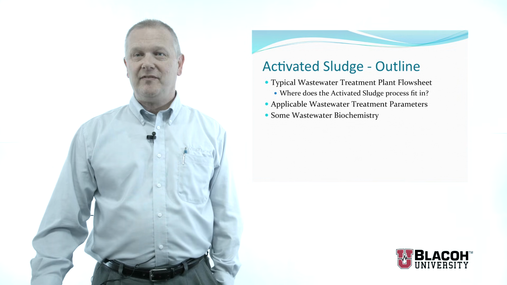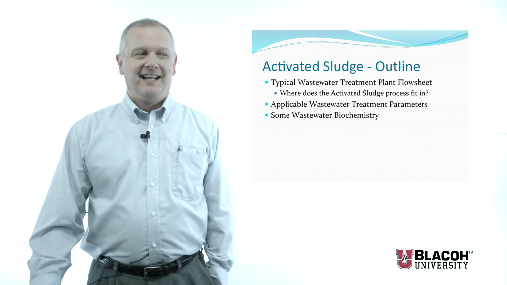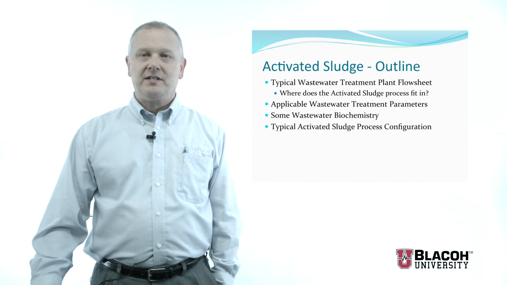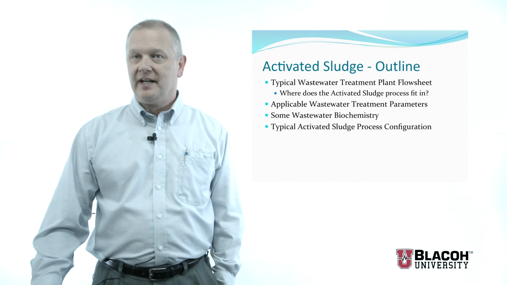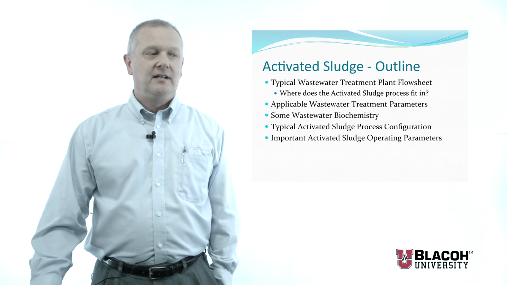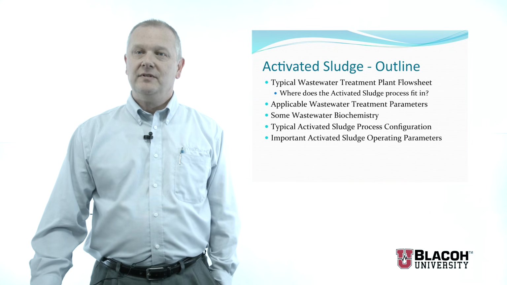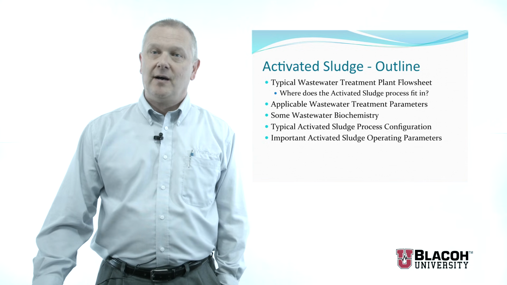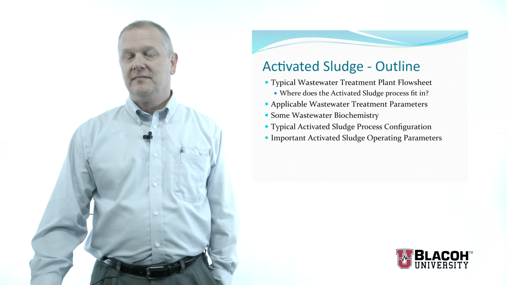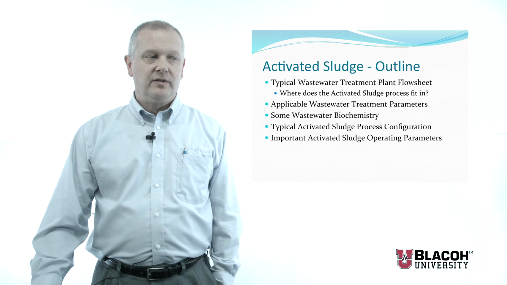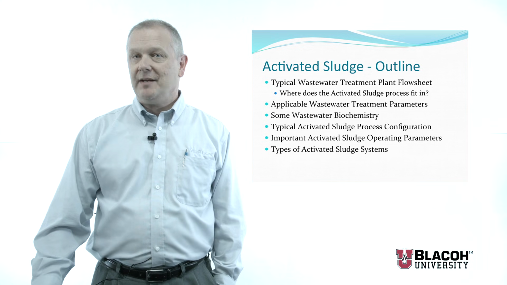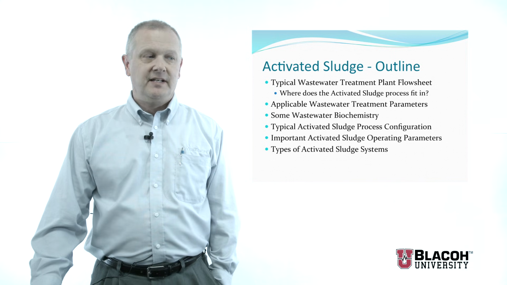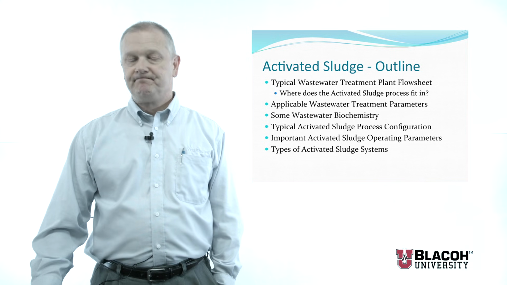We'll do some very brief biochemistry, and then we'll get into what a typical activated sludge system looks like, how it's configured. We will move on to talk about some important parameters that are used to operate an activated sludge system. And then finally, we'll go through some different types of systems in actual treatment plants.